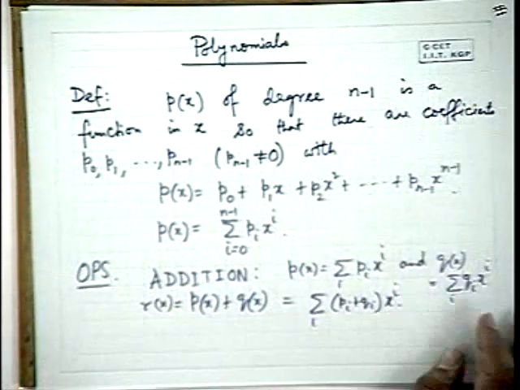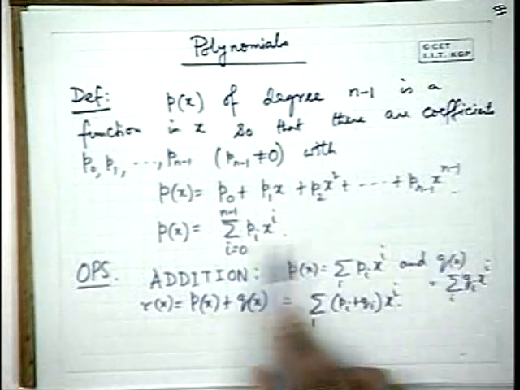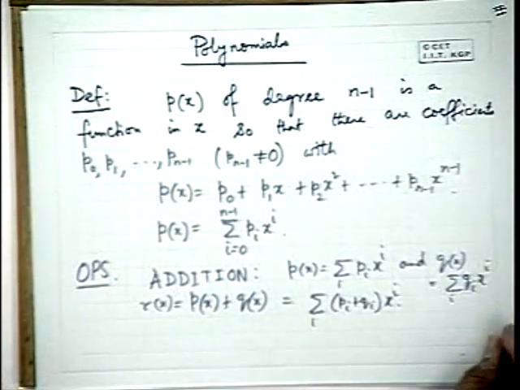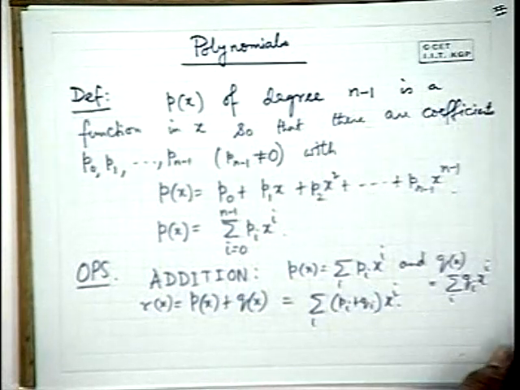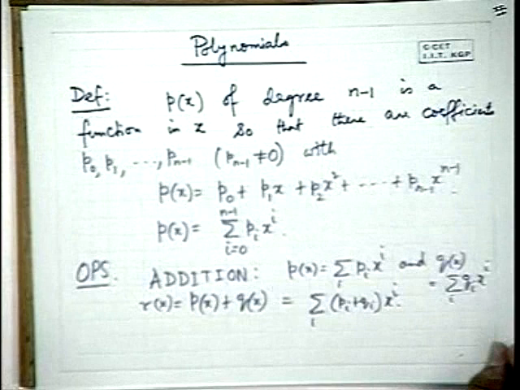This we all know. Basically, you just add the corresponding coefficients of two polynomials to get the coefficients of the new polynomial. So addition is almost straightforward.